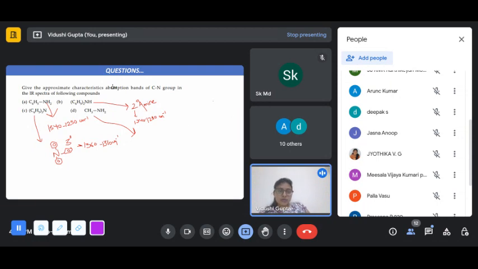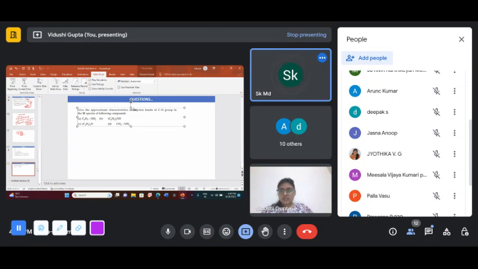It will be a slightly lower value. It will be 1220 to 1020 centimeter inverse. Is it clear?